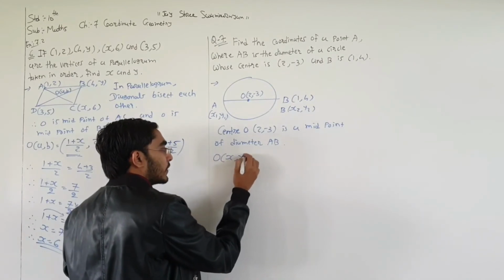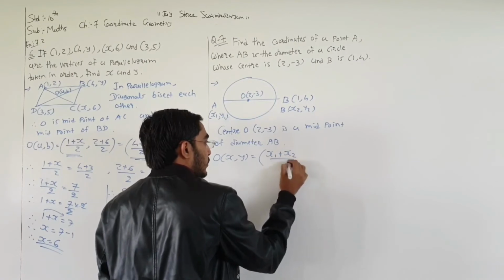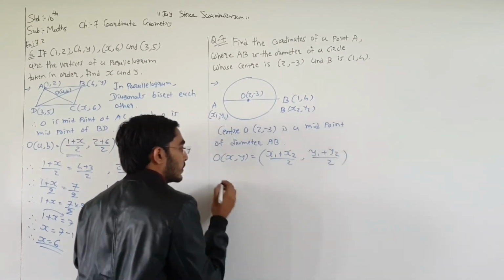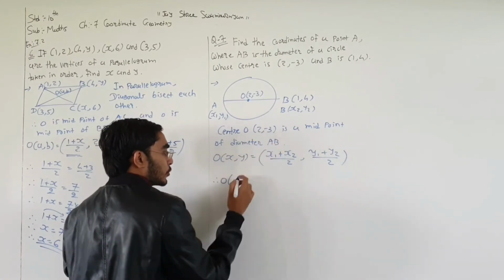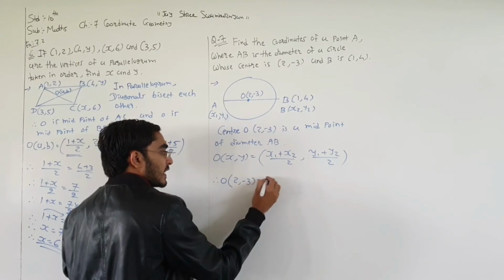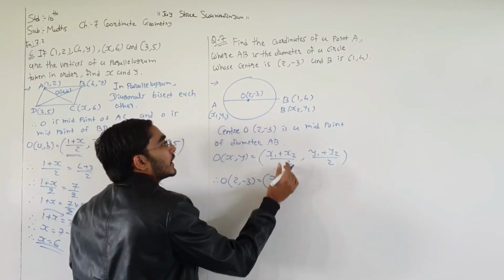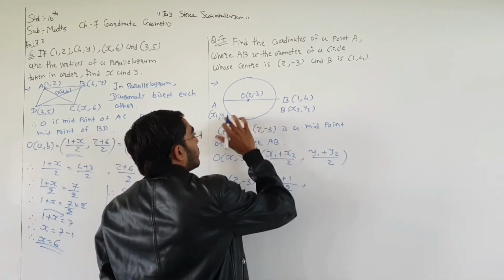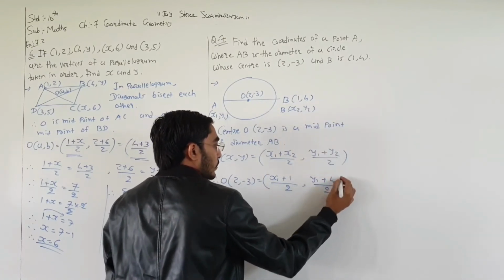O (x, y) is equal to, what is the midpoint formula? (x1 plus x2) by 2, (y1 plus y2) by 2. Now O (x, y) is given to us as (2, minus 3). Now x1 we don't know, so as it is, x2 is 1 divided by 2. y1 we don't know, so as it is, y2 is 4 divided by 2.